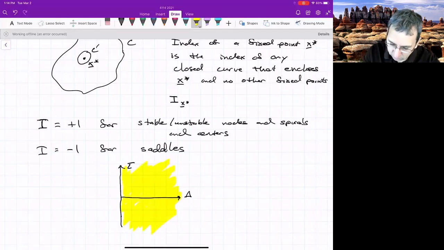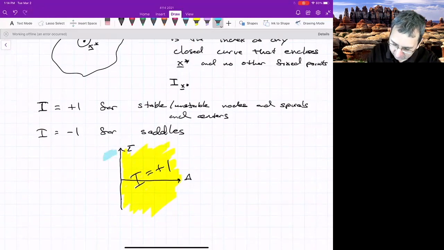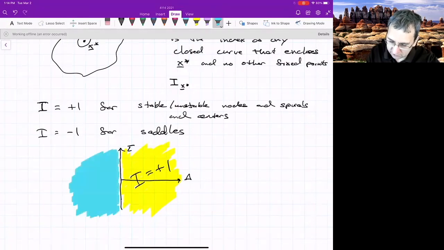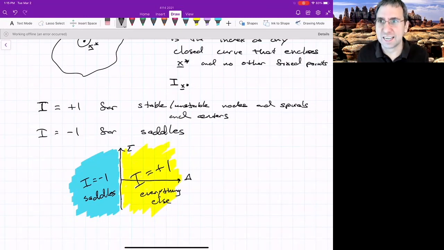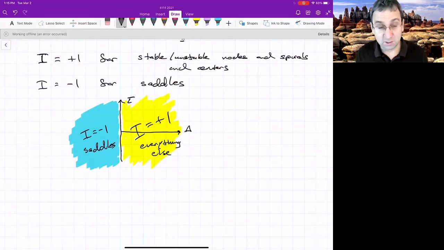Well, now all we know is the index here is +1. And on the other side, at delta equals 0, we don't have a well-defined index. So there's just this discontinuous movement from saddles to everything else. So it's kind of interesting. What's up with saddles?